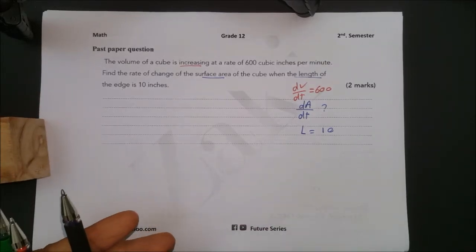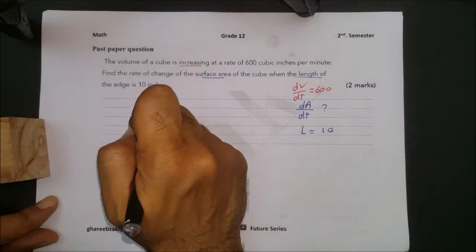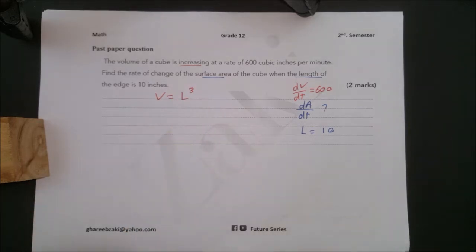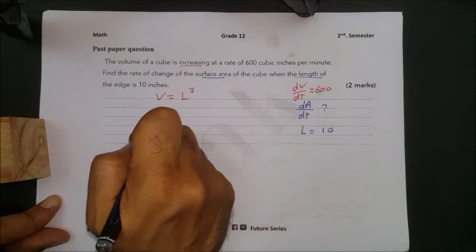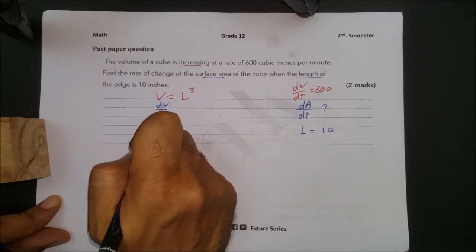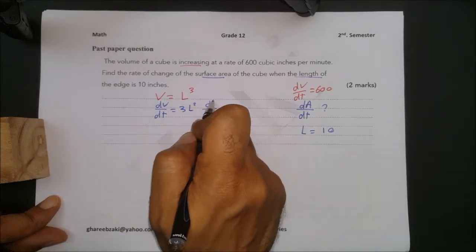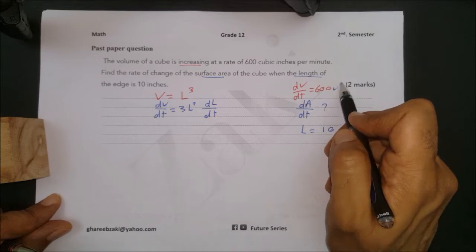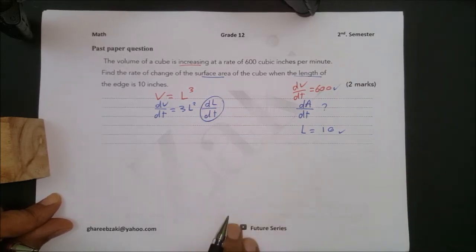What is the relation between the volume and the length of side? The volume of cube equals L cubed. When we differentiate both sides with respect to time, dv by dt equals 3L squared dL by dt. We have dv by dt and we have L, so we can get dL by dt.